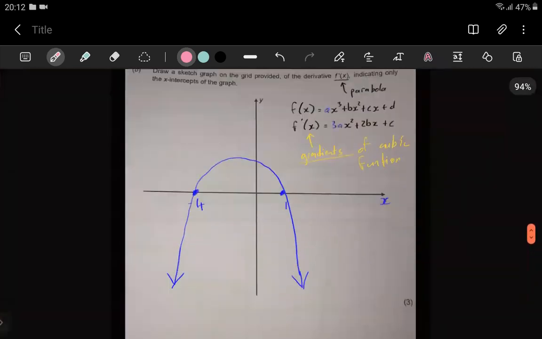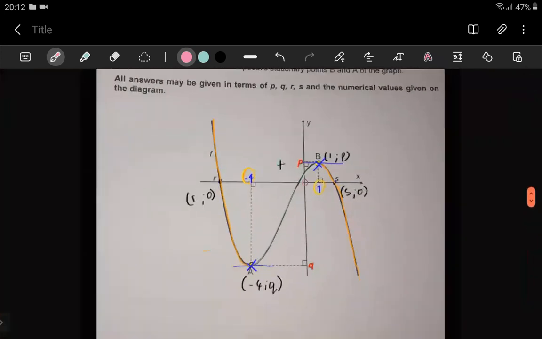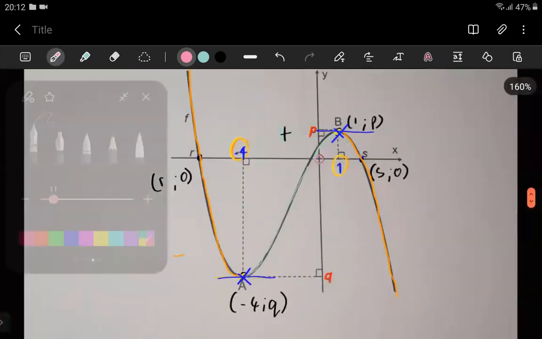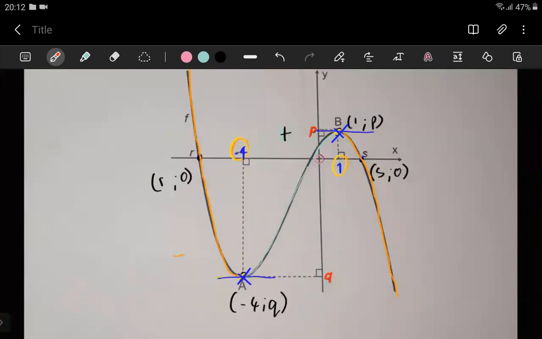If you look at the sketch of our cubic function, the way it's looking right now, our sketch has 1, 2, 3 x-intercepts. Our sketch has 3 x-intercepts.